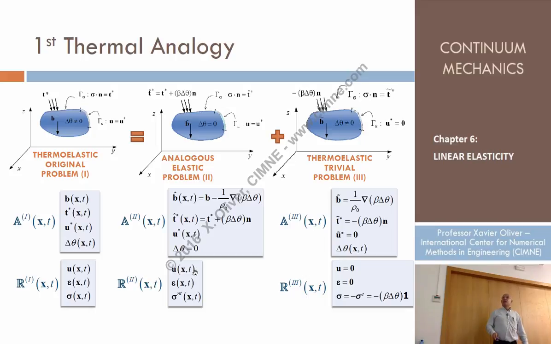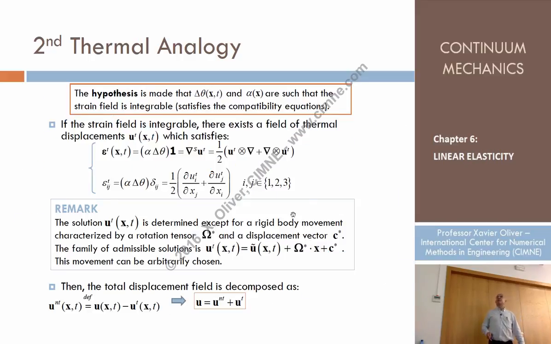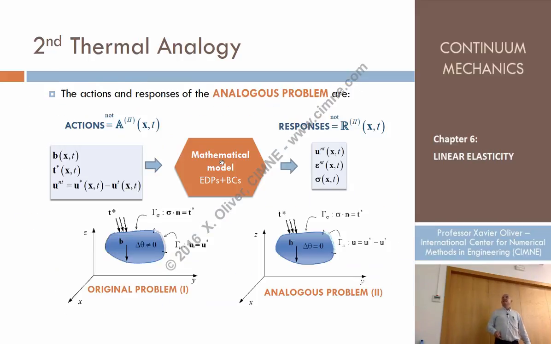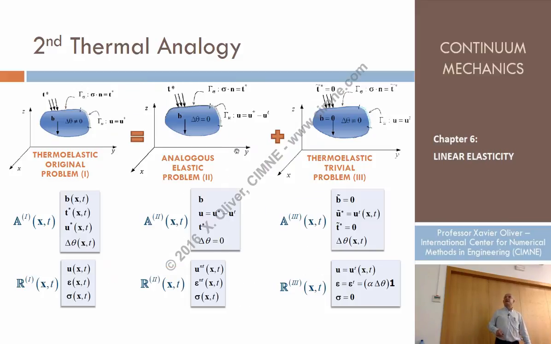Okay? And then, once we obtain the response, we have to correct this response, in the first analogy, by subtracting or by adding the thermal stresses. Okay? Subtracting these thermal stresses. And in the second thermal analogy, the decomposition is similar, but the way that we do this is specific. So the original problem involves some unknown quantities and some data.